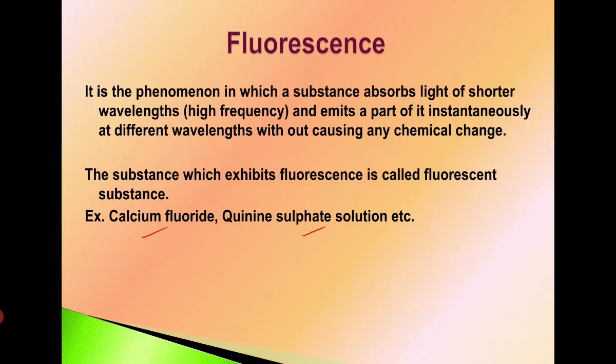The energy emitted is smaller, as this process takes place in steps. In some cases, light of shorter wavelength, that is having higher energy, is emitted because the emitted light contains some energy in addition to the absorbed energy.